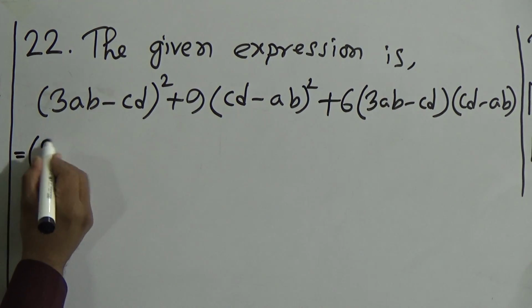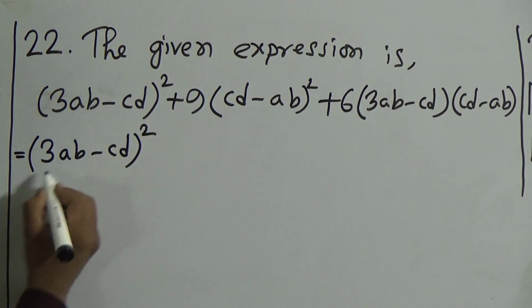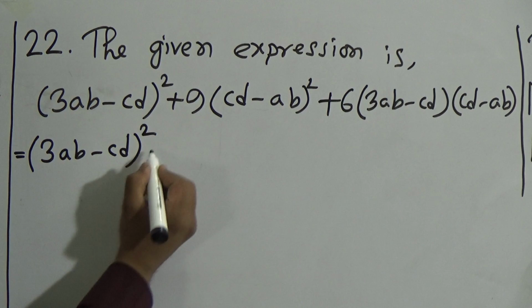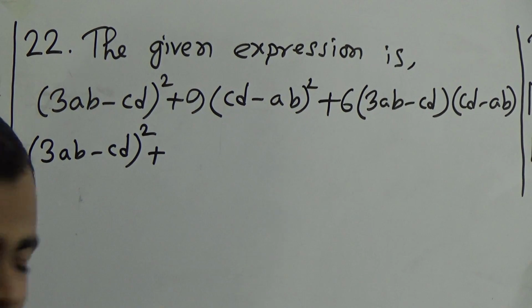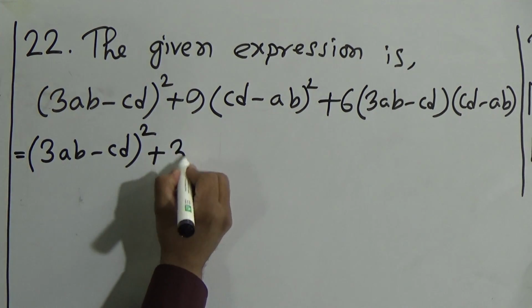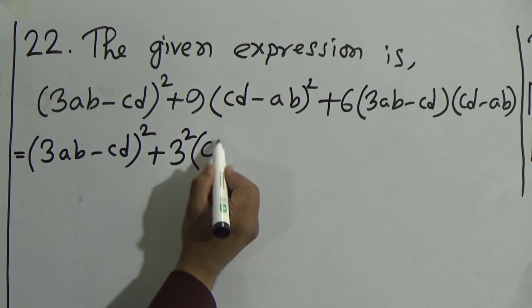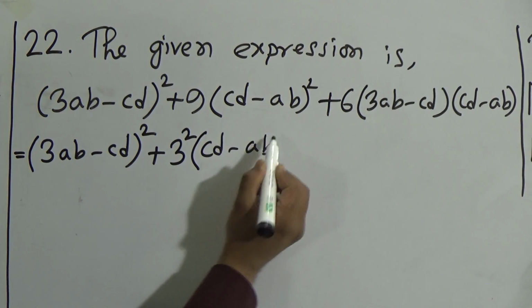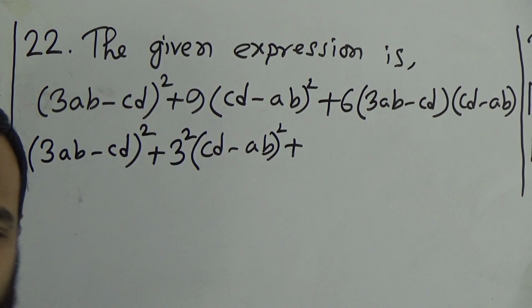Now, so that to do that, we will break that number. Now 3ab minus cd has a square sign, plus 9 is a square number. 9 is a square number and 9's square root is 3. So we can write down 3 square here. 3 square means 9. 3 square equal to 9. And it's cd minus ab whole square plus, now my dear students, in the formula we have a square plus twice ab plus b square.